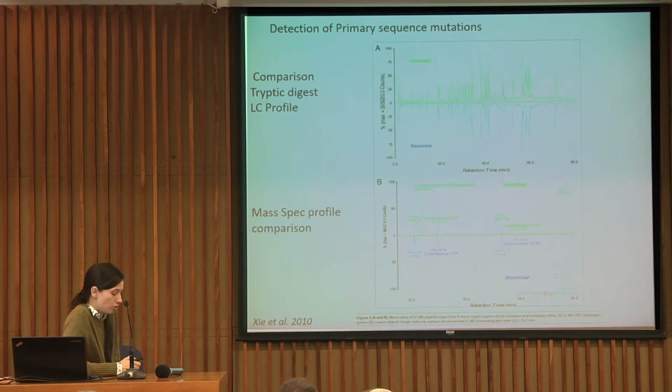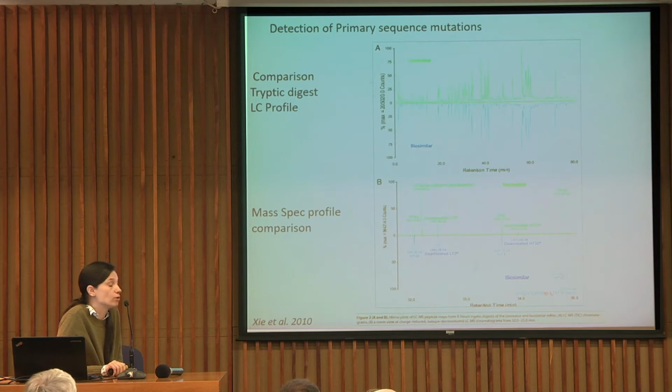If we compare the tryptic digest profile, there are some differences around this area. When they do the MS analysis of all these peaks, you clearly see there are peaks in the innovator, like this one over here, that are not in the biosimilar, and we do have this peak in the biosimilar that's not present over here.